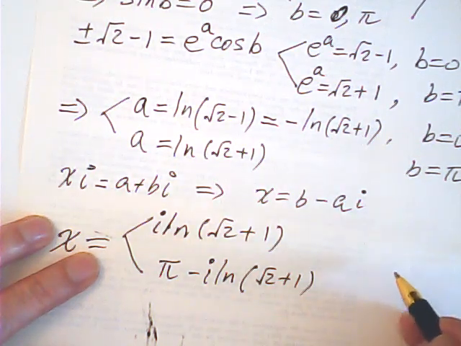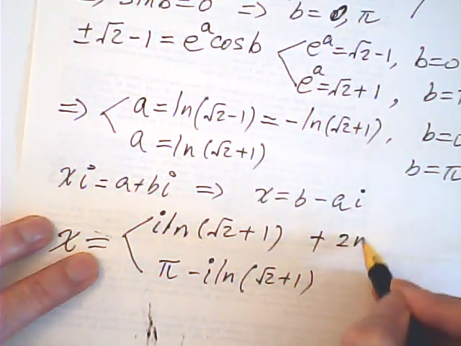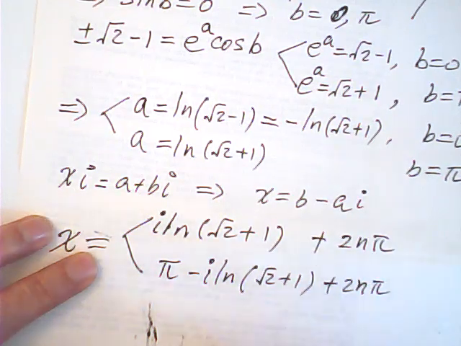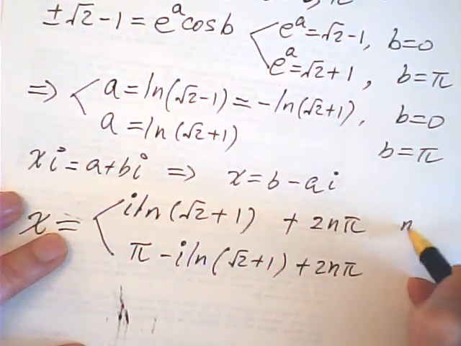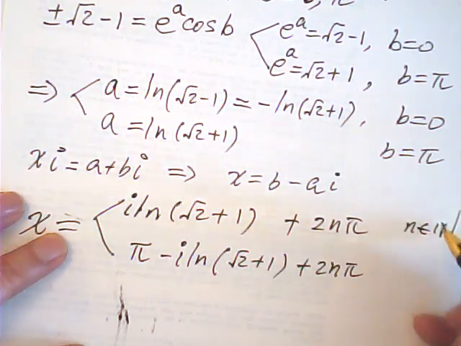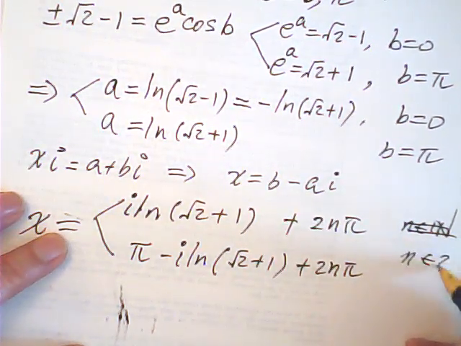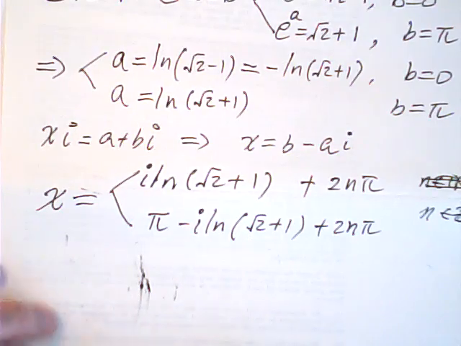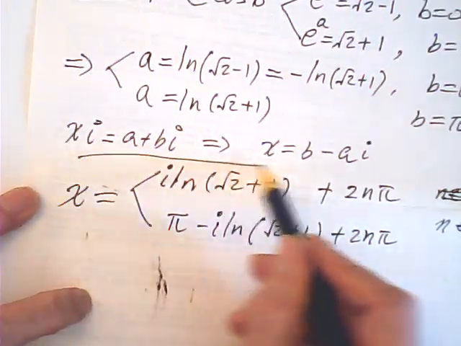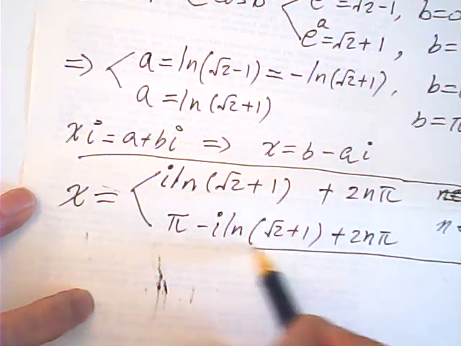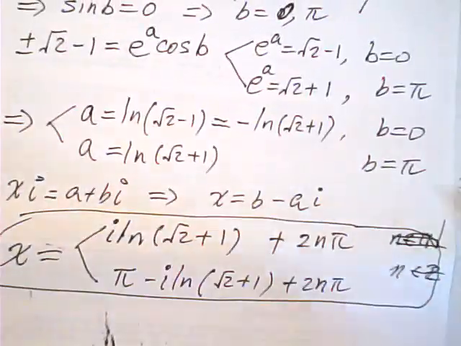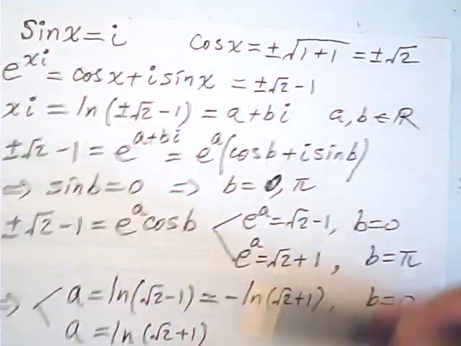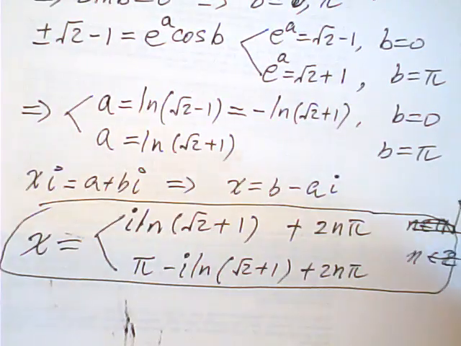And plus a multiple of 2 pi. So to make a general solution, then n equals integers, I'm sorry. So this becomes the solution to our equation by using this method. And it's very neat, very clear, very straightforward, very good.